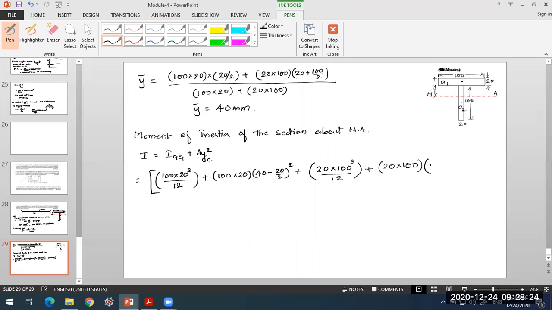Okay, so that will be 100 by 2 plus this thickness of the top flange 20. Okay, this I'll be deducting y bar, or the value of y bar is 40 mm. What we have here, 40 the whole square. So this will tell me what is I_G, or the I value for the entire T section.